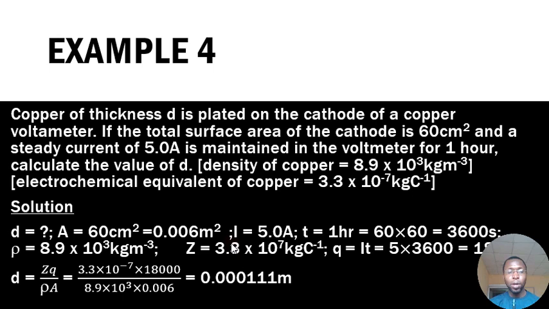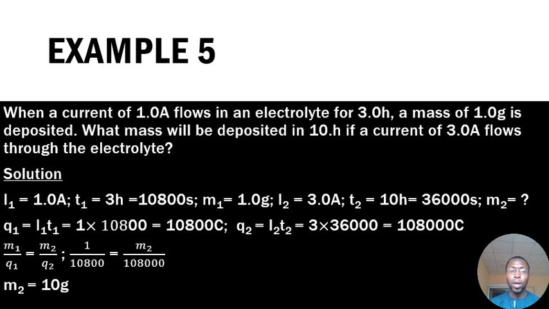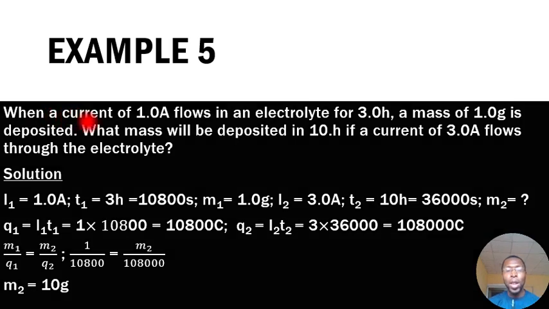All right. Okay, so let's go to the last example. Here we have: when a current of 1.0 ampere flows in an electrolyte for 3 hours, a mass of 1.0 gram is deposited.